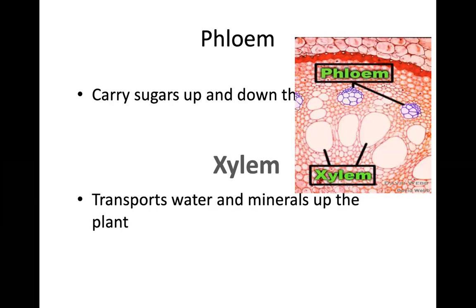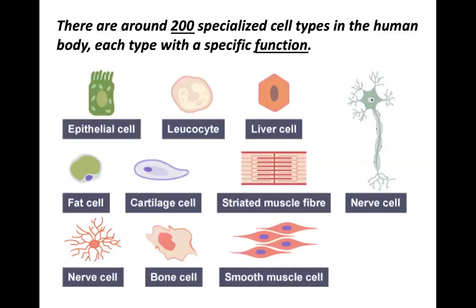So this is how sugars, like glucose, are moved, and it also transports water and minerals through the plant as well. So we've already said this, and these are just some other pictures and another way of looking at this, but there are around 200 specialized cell types, and they all have a specific function. Do they look the same?